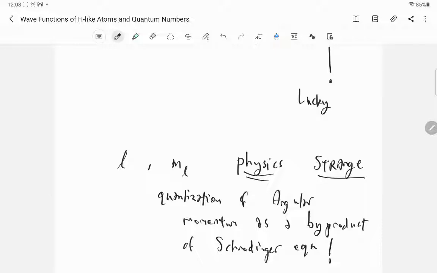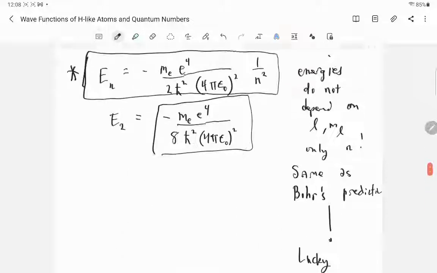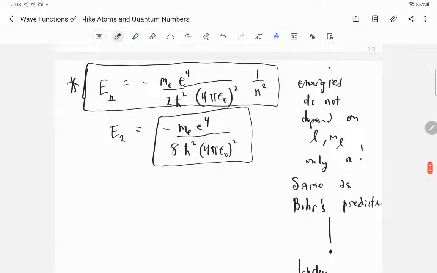It's not a hypothesis, it's not an axiom that goes into the theory, it's actually just a byproduct. Just like energy quantization is a byproduct of Schrodinger's equation. So we're not asking for quantization of stuff. Schrodinger's equation is forcing it on us. So it's a fundamental quality of its prediction, right?